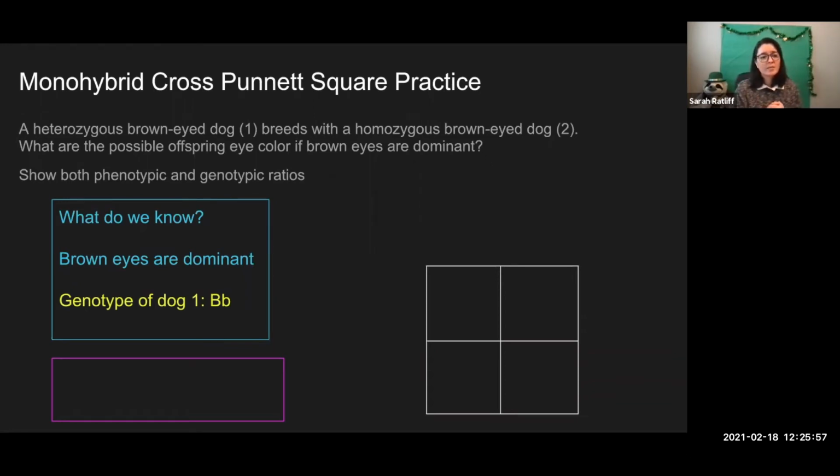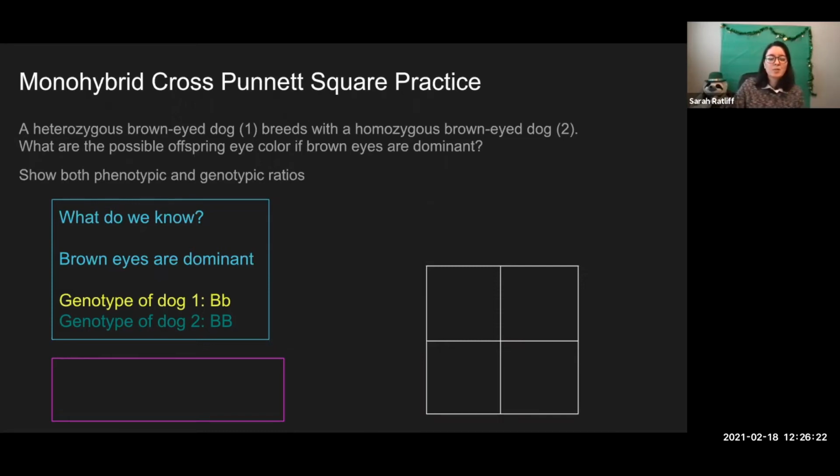All right, so we have dog 1, heterozygous for brown eyes. Heterozygous means one of each capitalization. Dog 2 is homozygous for brown eyes. If it's homozygous and it has brown eyes, the dominant trait, both of those letters must be capital. Now we've got to put them in our proper spots on our Punnett square.